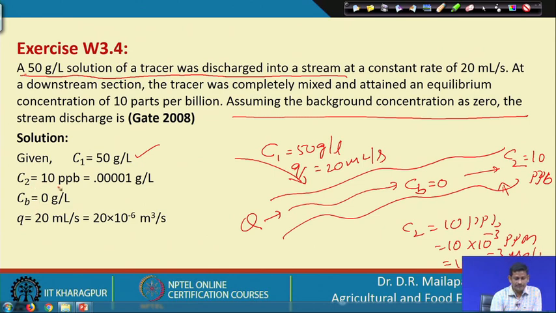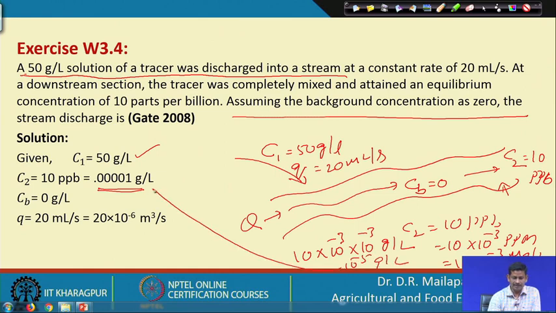That is 10 into 10 power minus 3 into 10 power minus 3 gram per liter. So, this will be 10 power minus 5 gram per liter. That is the same as this, okay.